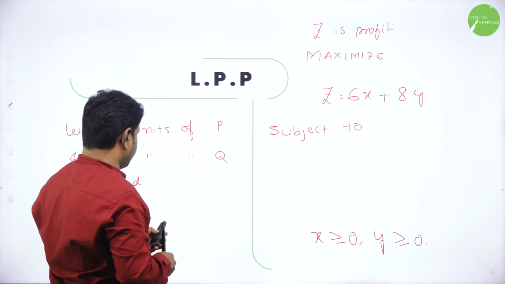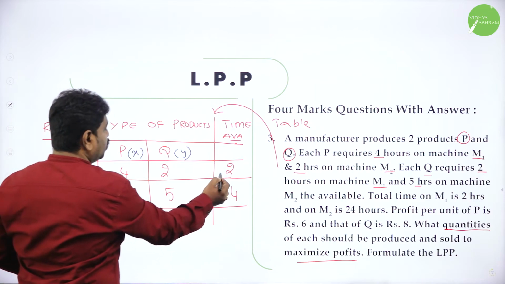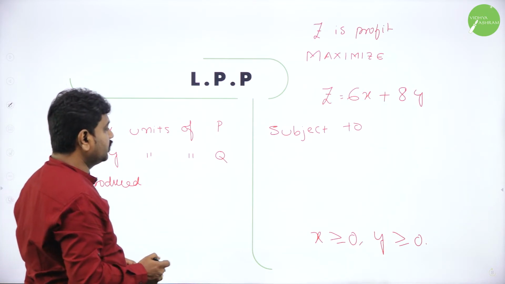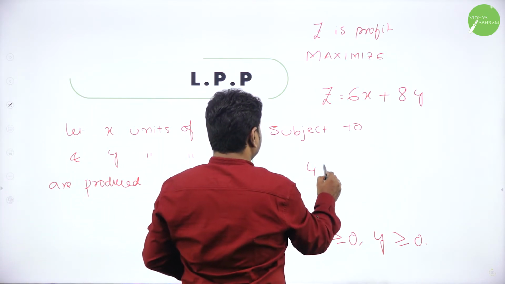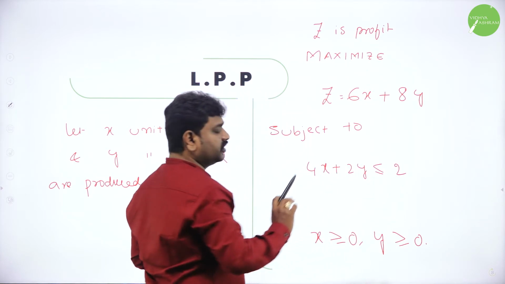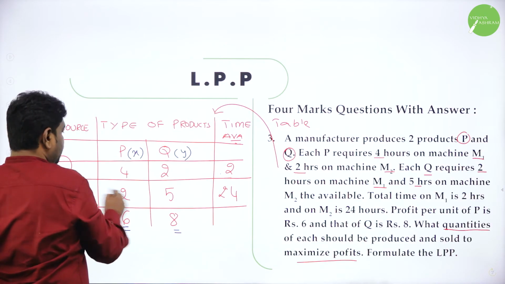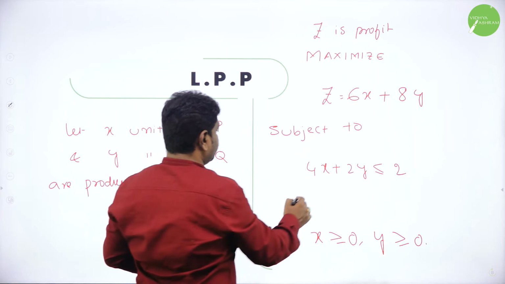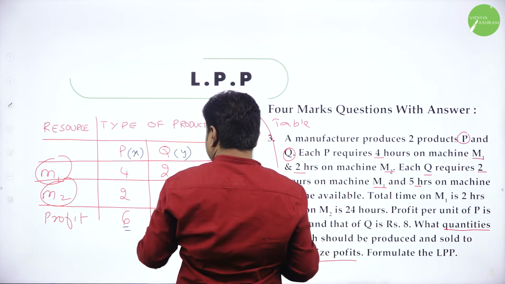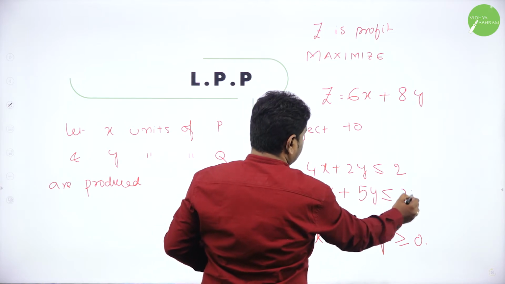And the second thing, time available. Machine 1 is available only for 2 hours. So therefore, 4x plus 2y is less than or equal to 2 hours. You have to utilize only this much. And then machine 2 is available for 24 hours. So 2x plus 5y is less than or equal to 24.